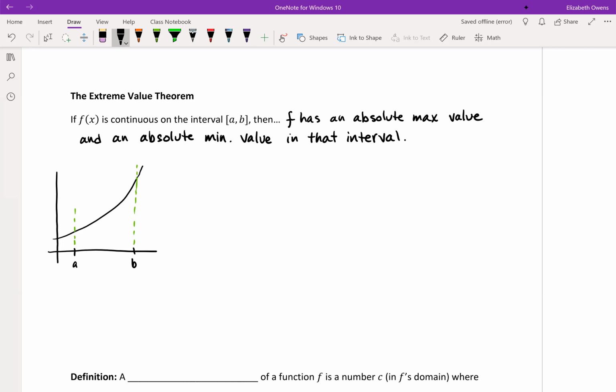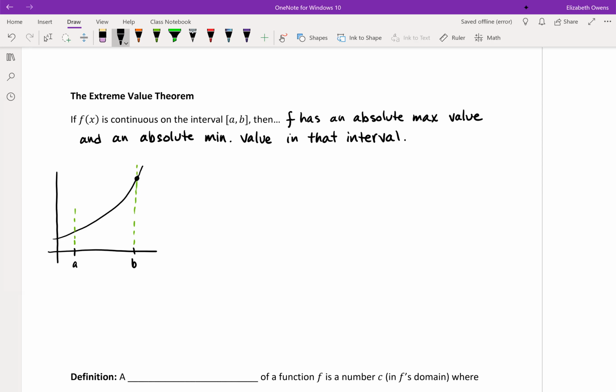We can see that the function is actually continuous on that interval. Just from looking at the graph, there are no breaks or holes in the function. So that's good. It meets our criteria here for the extreme value theorem. So this function is going to have an absolute maximum and an absolute minimum value in our interval.